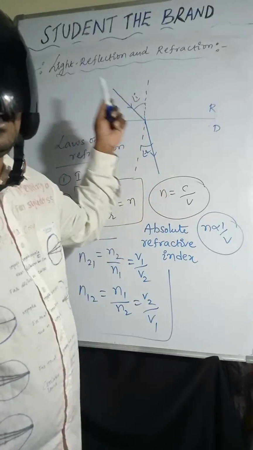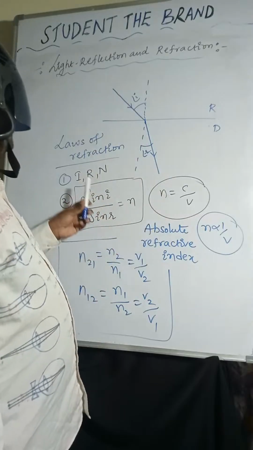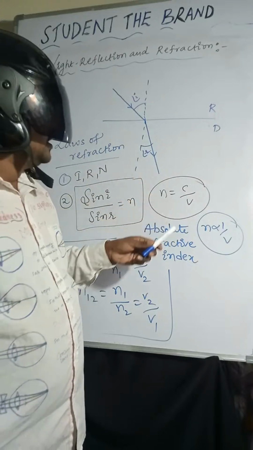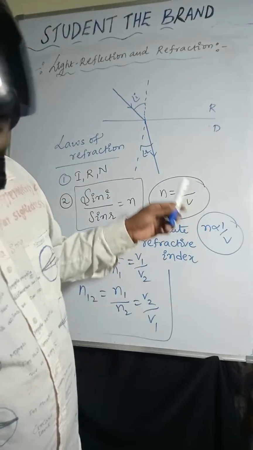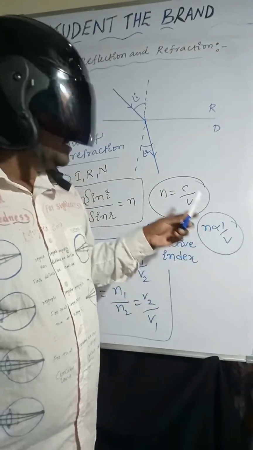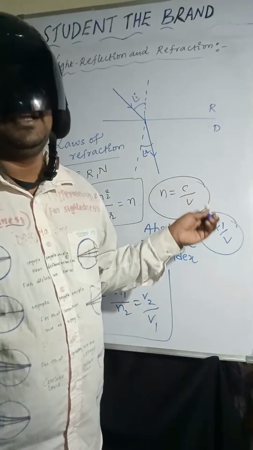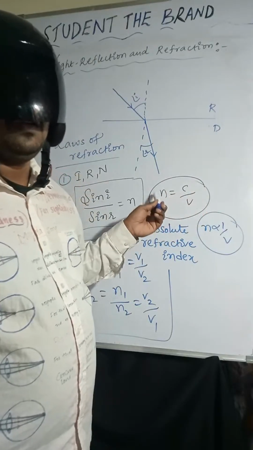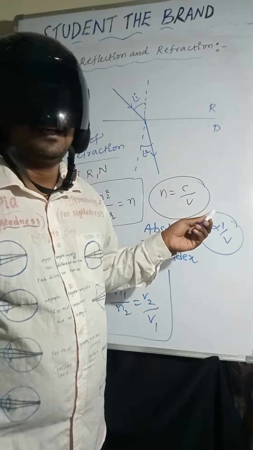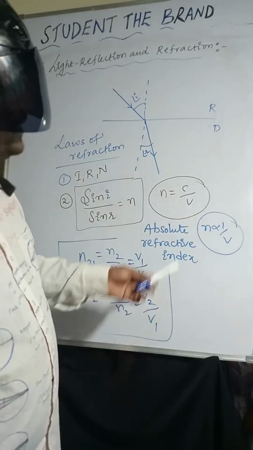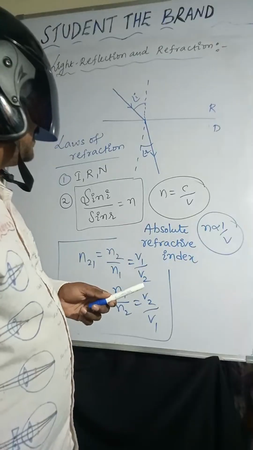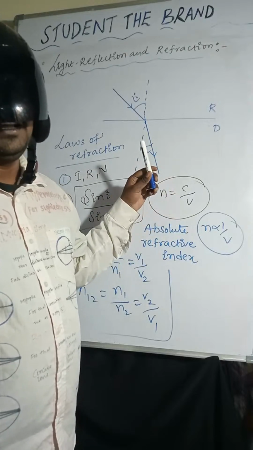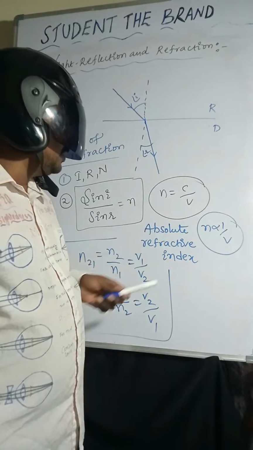Then the ratio of sine of angle of incidence to sine of angle of refraction is equal to a constant. n is inversely proportional to velocity, so n equals c by v, the ratio of the speed of light in vacuum to the speed of light in the medium. This is called the absolute refractive index.